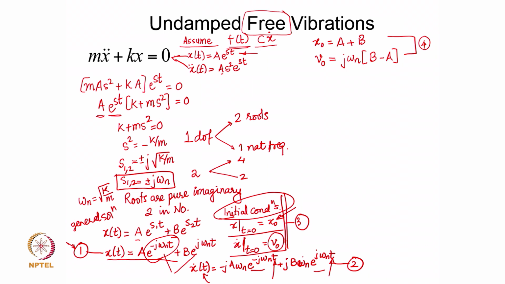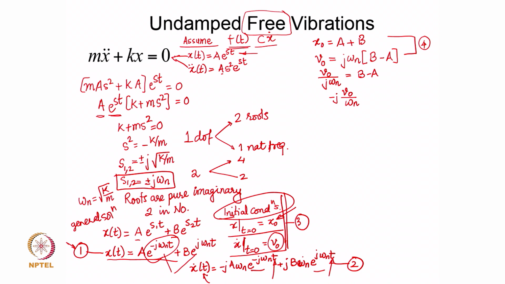So, now if you solve these two equations, maybe I shall write this as V naught by j omega n equals b minus a, and maybe I will further slightly modify this term to write this as minus j V naught by omega n.